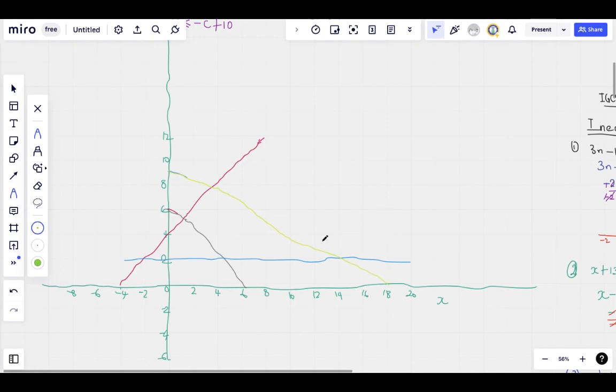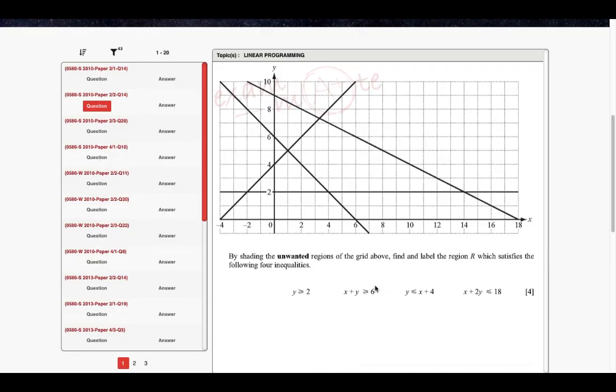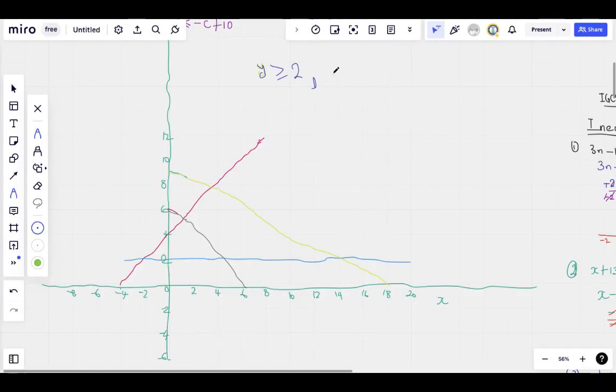Okay, these are all the lines, and these are the inequalities given to us. Y is greater than or equal to 2. Then we have another inequality where x plus y is less than or equal to 6.